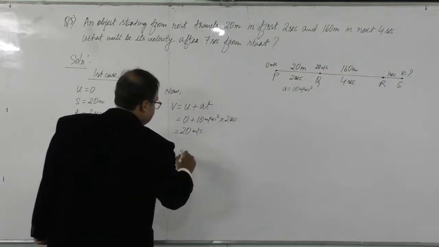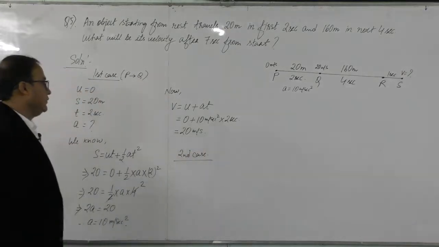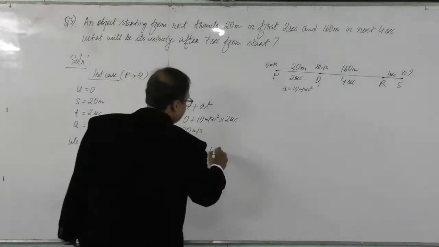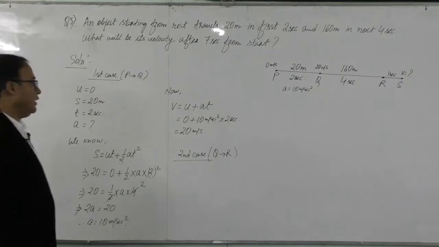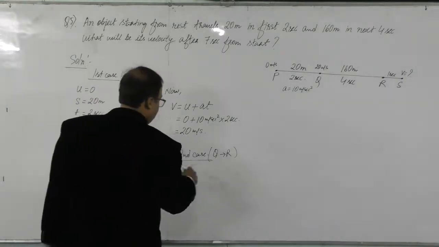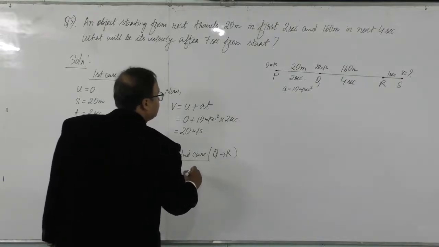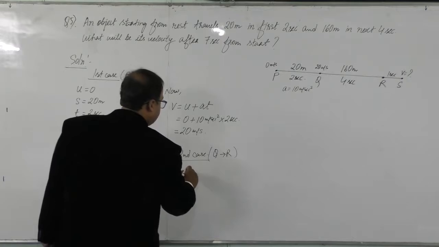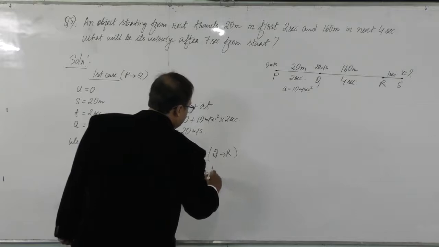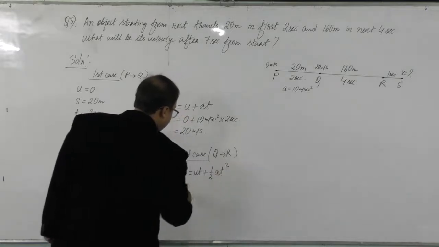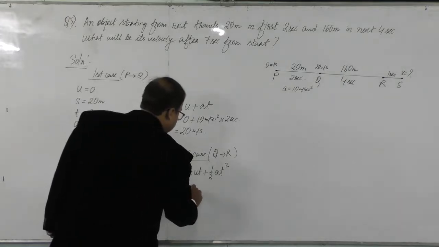Now the second case. In this second case, we will consider motion from Q to R. First we can find out the acceleration. We know the formula S equals UT plus half AT square. From Q to R, distance covered is 160 meter.